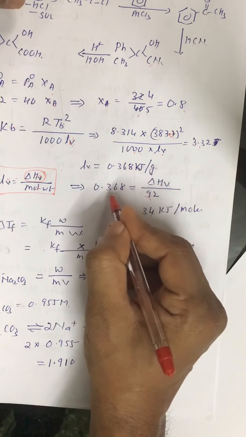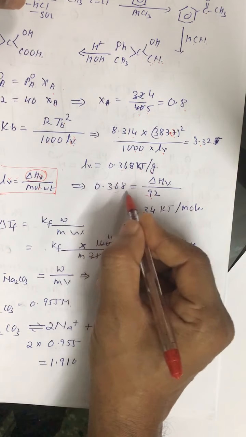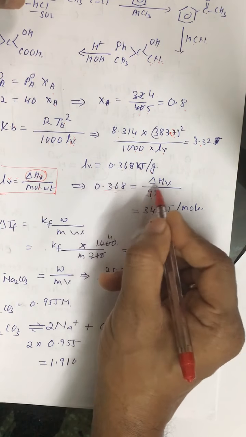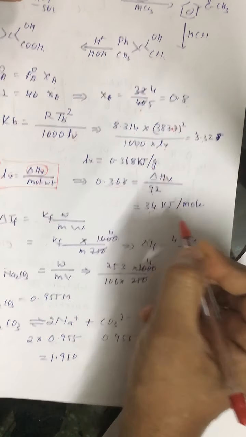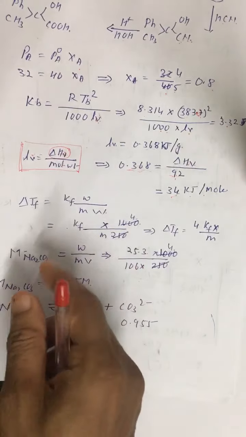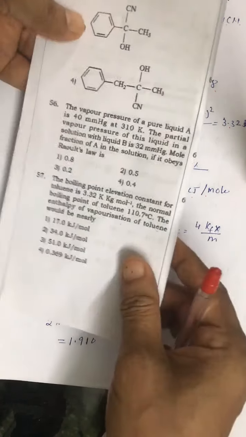The explanation of this question paper stops at this point, so this is the further calculation. We get 34 kilojoules. Correct answer is second option, 57.